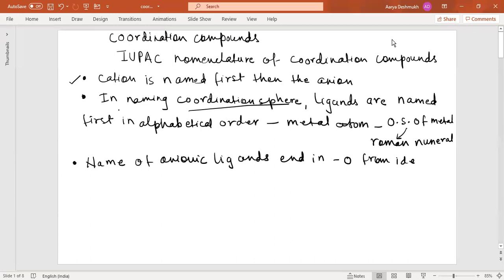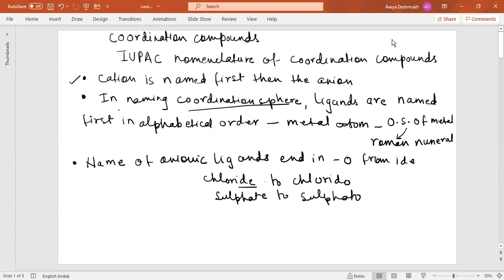For example, if the ligand is chloride, which ends with IDE, it should end with O, so it is chloro. Like sulfate becomes sulfato, and so on.